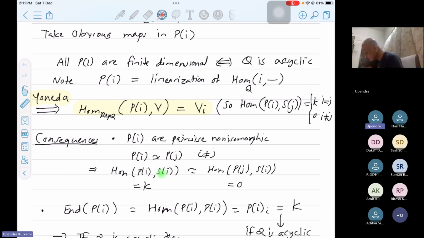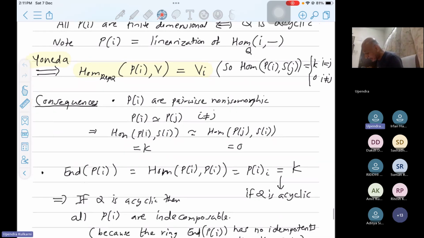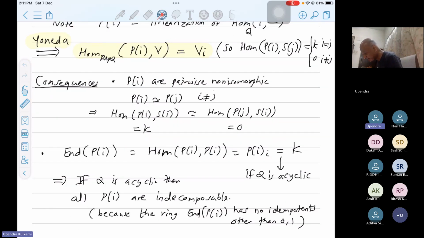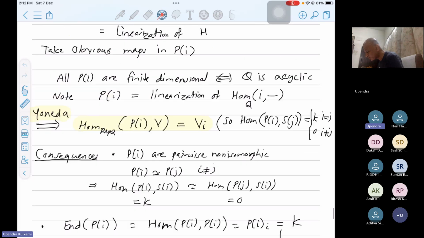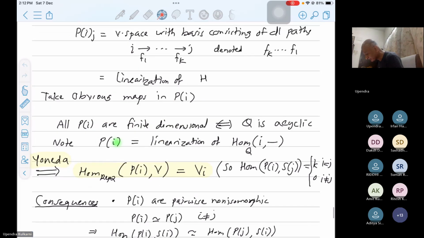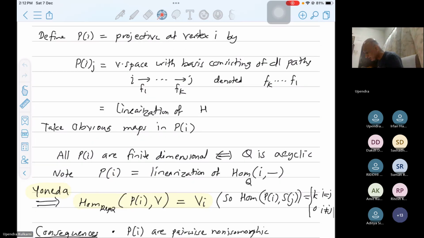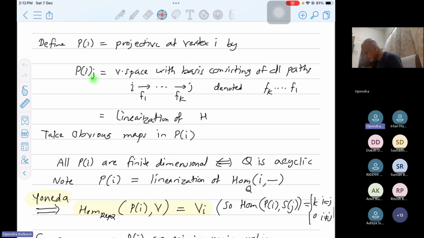So in particular, I can use it to detect the vertex I at which PI is sitting. And moreover, the fact that PI is a projective object in the category means that the Hom(PI, -) functor is an exact functor. Okay. So the only thing to remember at the moment is the definition of PI: PI sitting at any vertex J is just the set of all paths from I to J taken as a basis of a vector space.